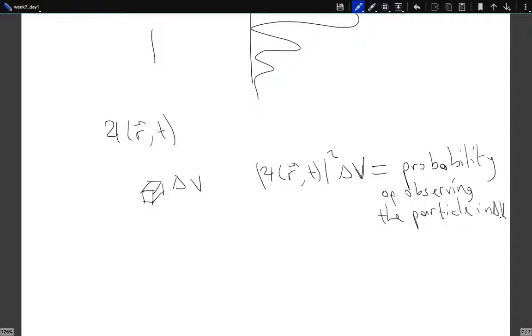Well, if we are sure that the particle is somewhere, then this should be 1. If you just sum over all such very small volumes, making our universe, this should be 1, because the particle is somewhere. This is called the normalization of the wave function.